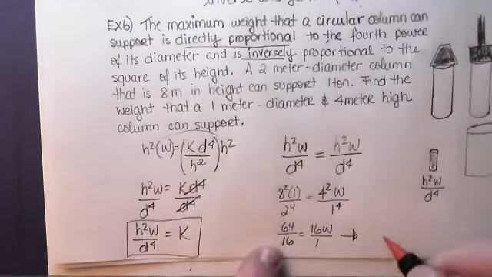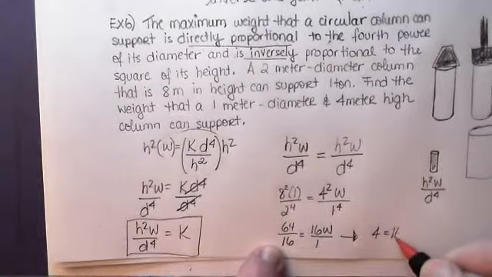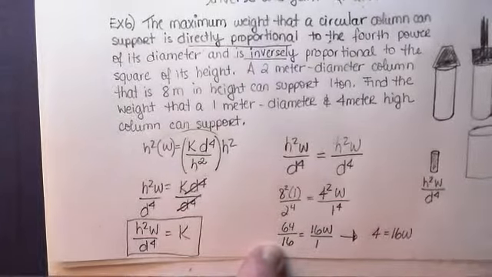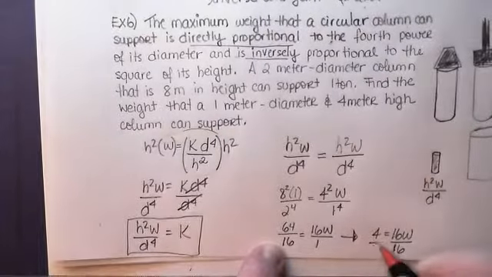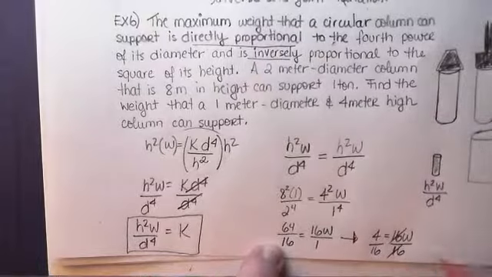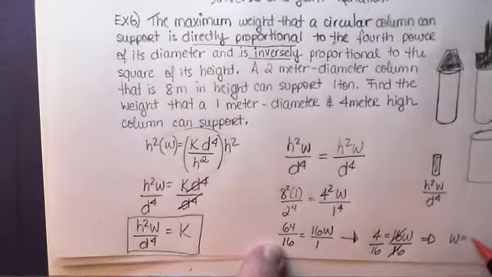It is 4. And this would be 16W. And to get the W alone, all you have to do is divide by 16. So 16 goes away, and you get W equals 4.